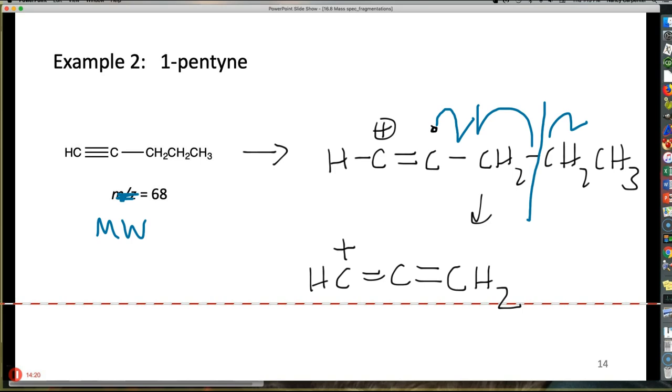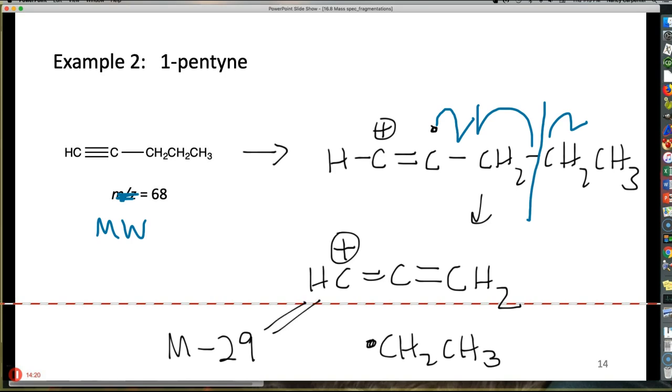So, based on that fragmentation mechanism, I would expect to see in my mass spectrum this cation and loss of that radical, the ethyl radical. So I would expect to see an M-29 peak in my mass spectrum, which corresponds to that guy.